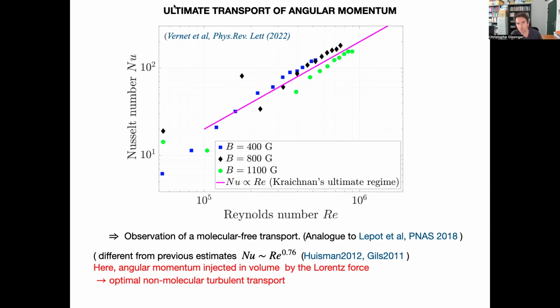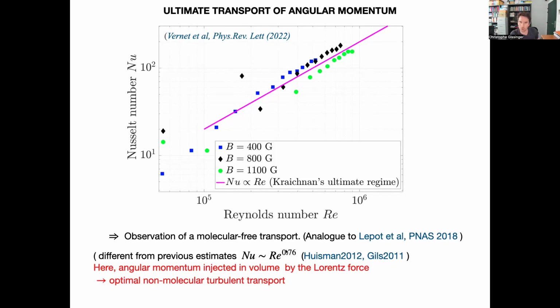People are calling that ultimate transport of angular momentum. If you look in the literature, you will see that previous experiments using Taylor-Couette devices find a different exponent. It's not 1, it's 0.76. But now I think, I made a lot of efforts in this talk, so this exponent makes sense.